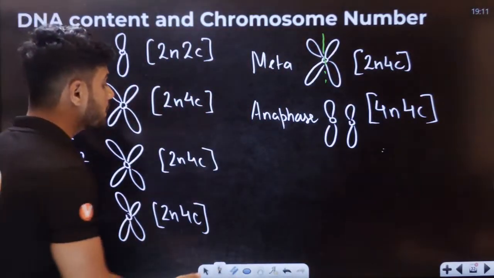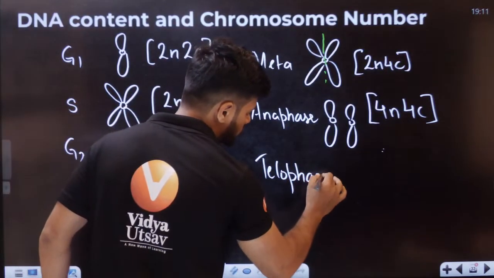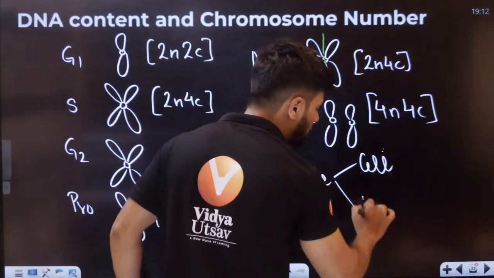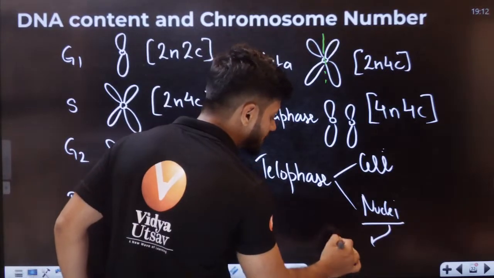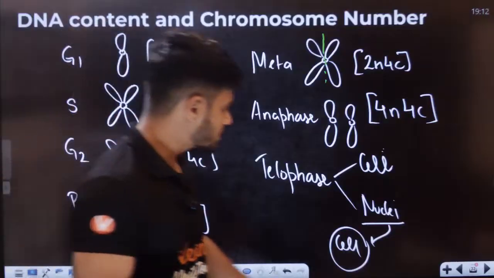Now what exactly happens in telophase? In telophase, students, here you will understand what happens per cell and per nucleus, because this nucleus will become a cell later on. Let's go back to telophase.